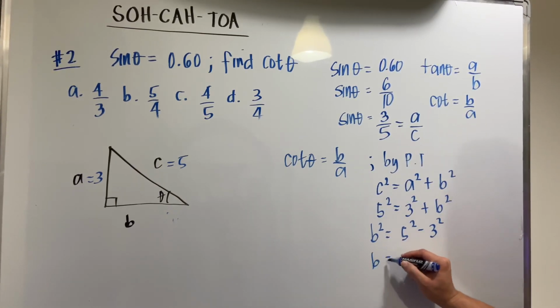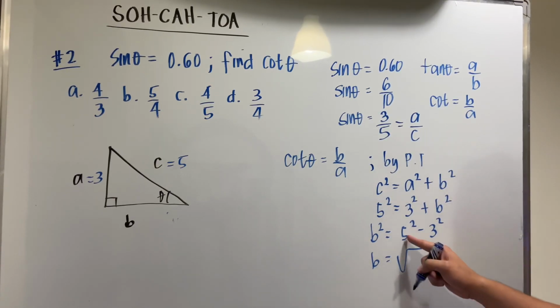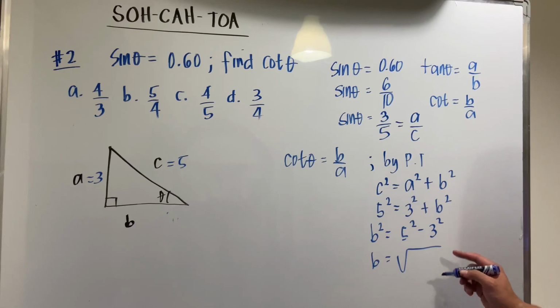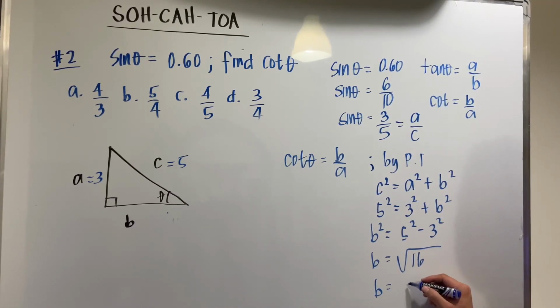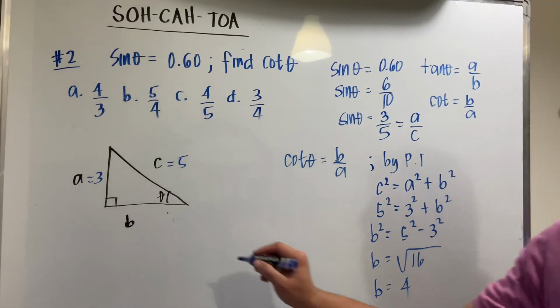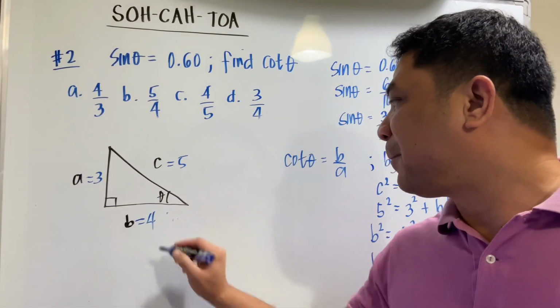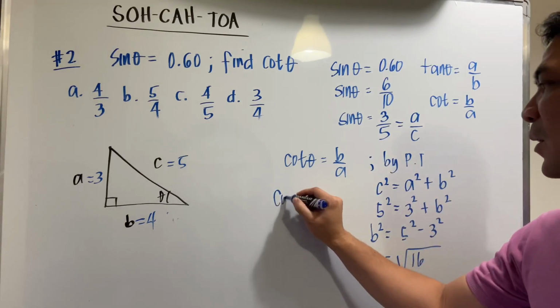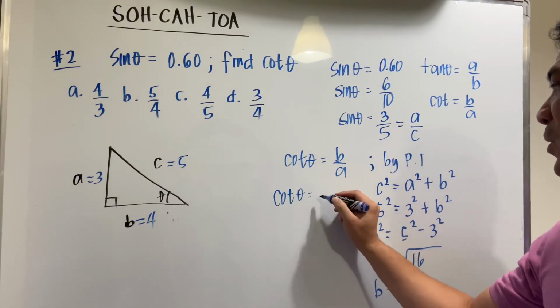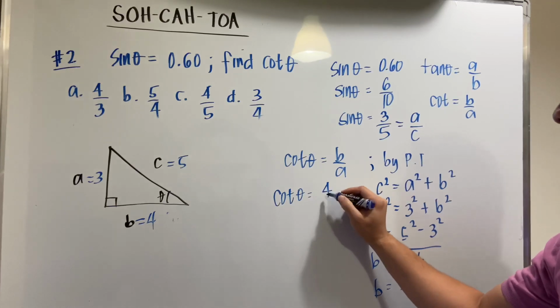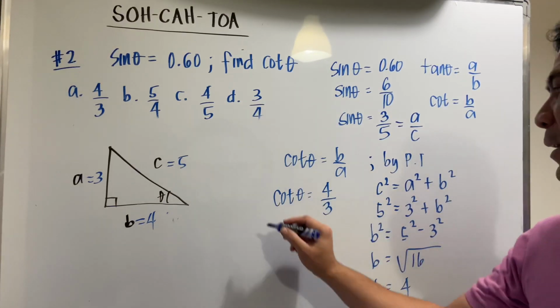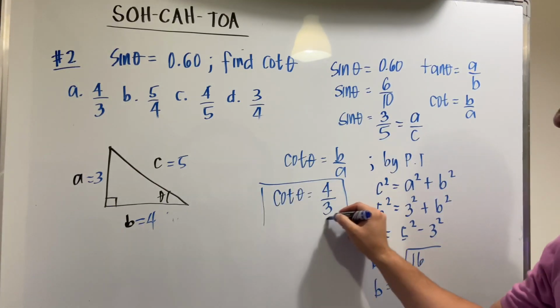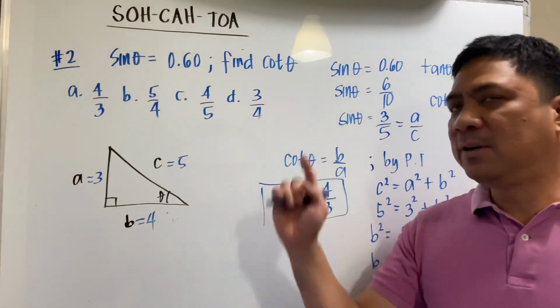So B is equal to the square root of 25 minus 9, that is the square root of 16. So your B value is equal to 4. So therefore this is 4. Cotangent theta is equal to B over A, so our cotangent theta here should be 4 over 3. So this is our answer for this problem.